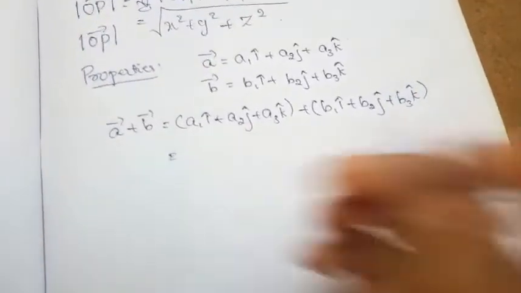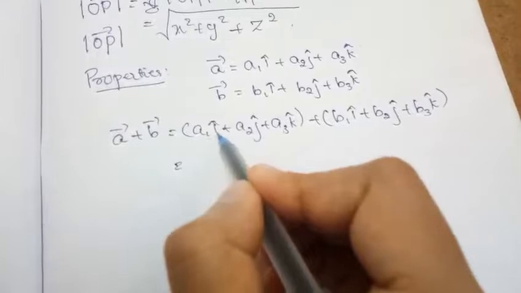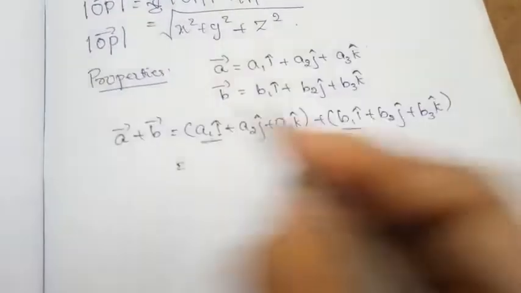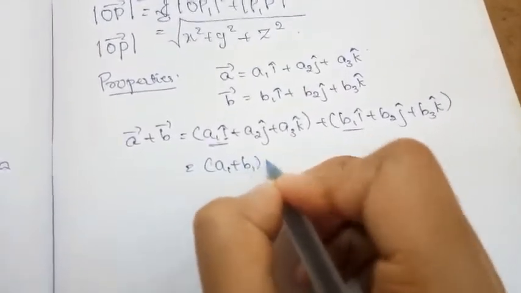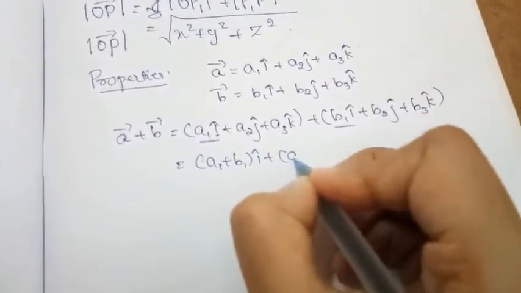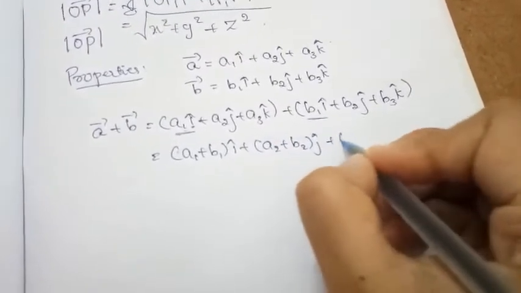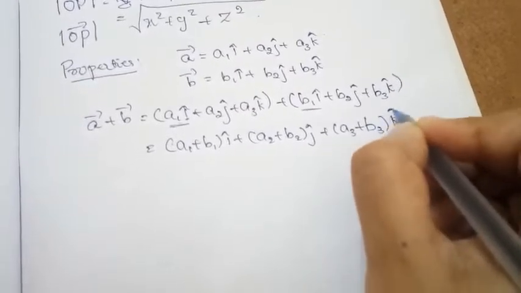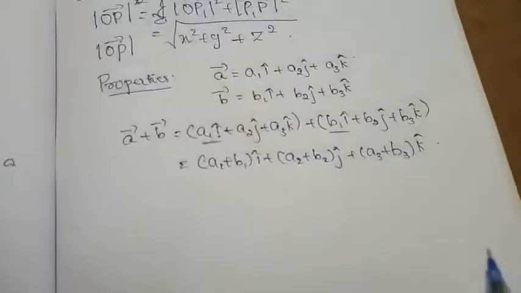Now while adding, I am going to add the corresponding elements regarding our i cap. So what are the corresponding elements with i cap? That is (a1 plus b1) i cap plus (a2 plus b2) j cap plus (a3 plus b3) k cap. So if you are going to add any two vectors, this is what happens.